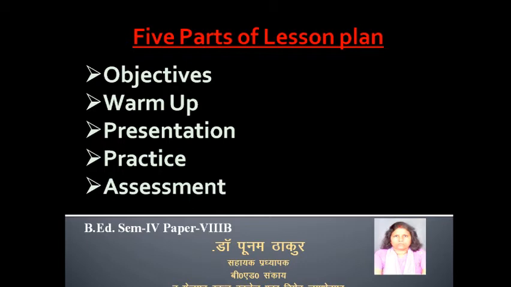The 5-step lesson plan involves the anticipatory set, introduction of new material, guided practice, independent practice, and closure.